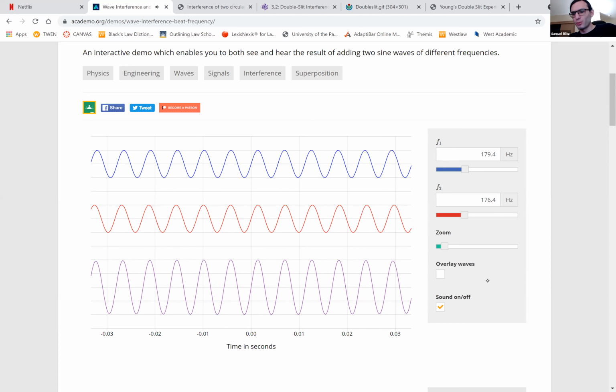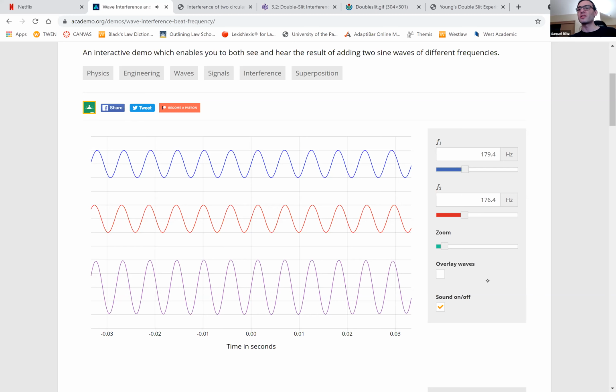Now you hear what sounds like just one tone, roughly 170-ish, 175 hertz. 440 is an A, so this would be like a, oh, I can't do that math. 220 would also be an A, and so this would be like, no, I can't do that math. Involves logarithms. This would just be some tone. You just hear one tone, but it's changing in volume.